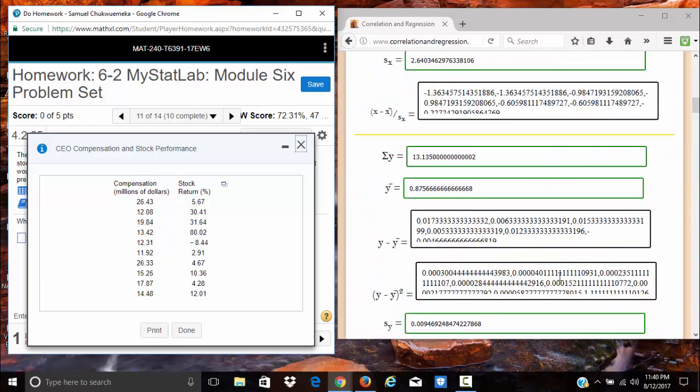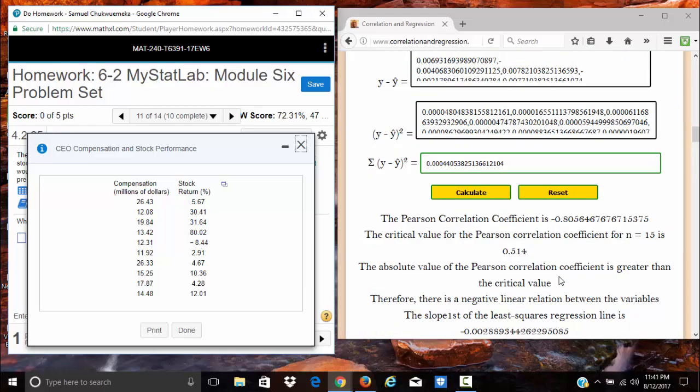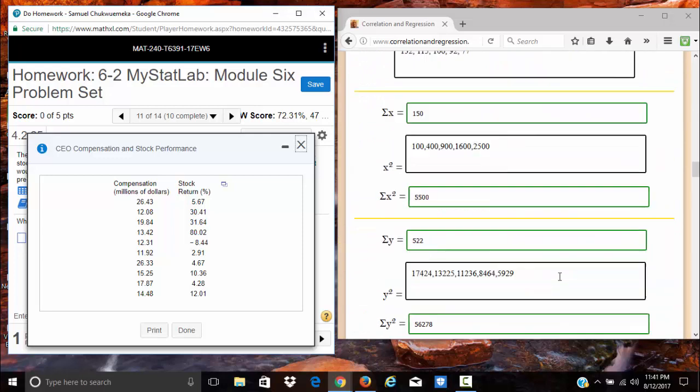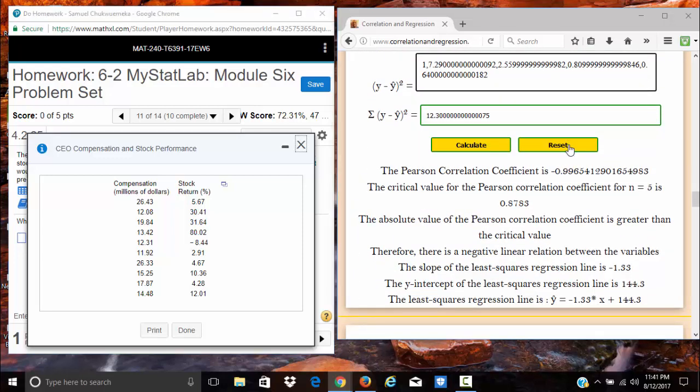We can use first or second formula, it doesn't matter. Let me use the second formula since I just used the first. So reset this.